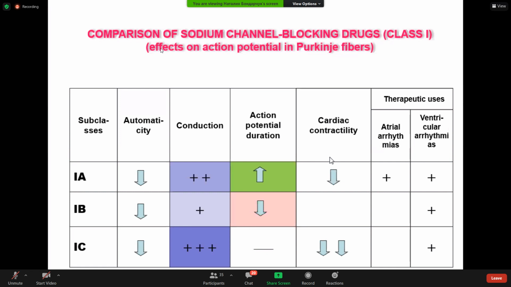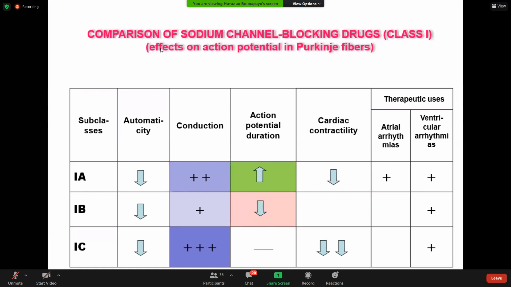Cardiac contractility: the 1B class almost doesn't influence cardiac contractility. The 1C class has a pronounced action on cardiac contractility, and 1A also can decrease cardiac contractility.